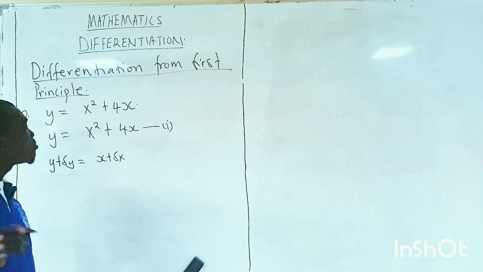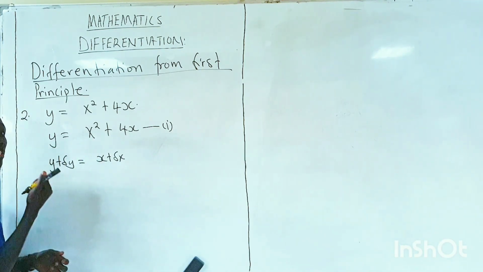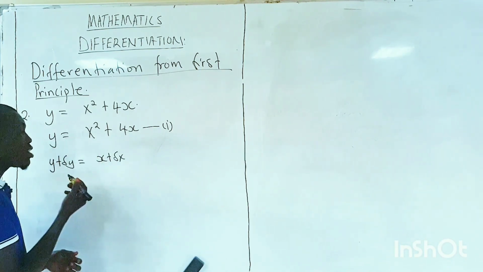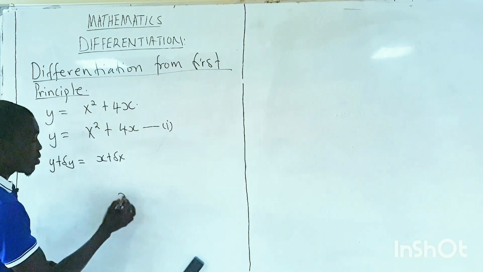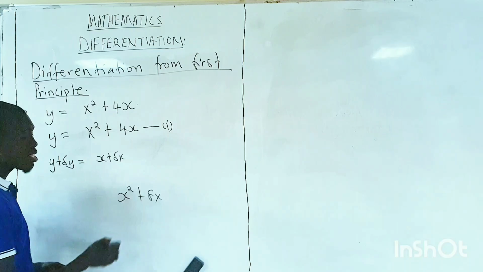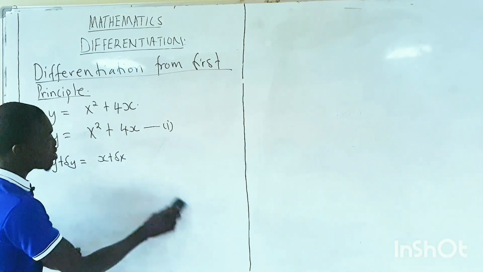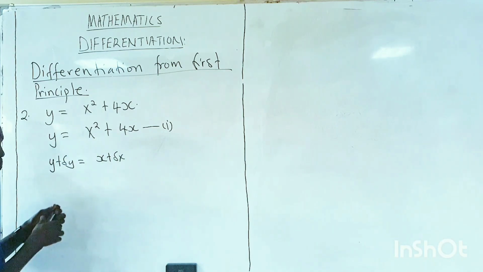I told you that this small increment in x, we add it only to the x value. We don't say x squared plus small increment in x. This is not correct. So we add this small increment to x.